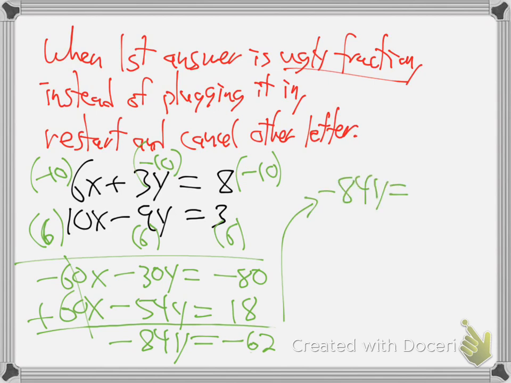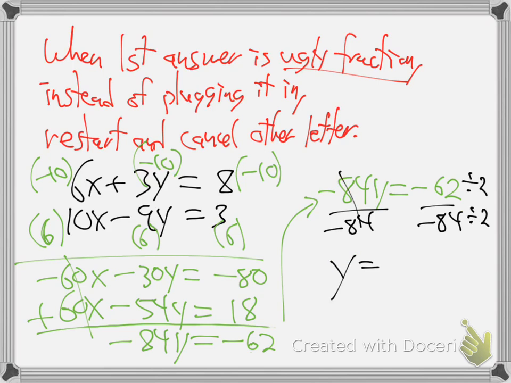Minus 84y. This problem is really going to end here in just a second. We're almost done with it finally. Last step: y won't be alone. Divided by minus 84. y equals, reduces, divide top and bottom by 2, get rid of the negatives, two negatives make a positive, 31/42.